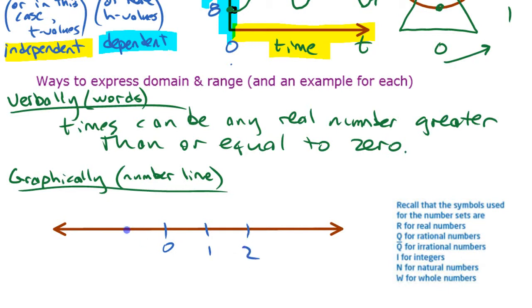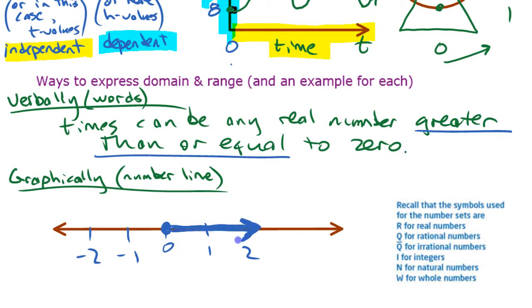You don't have to put too many numbers on there, but we want to show which ones it is, which ones it isn't. I'm assuming you've done number lines before. You should have. If we want to say it's greater than or equal to 0, start at 0 and go this direction here, right? So you put a thick arrow saying it goes this way, and it keeps going, right? We're assuming she never stops. I know that's kind of a silly situation that she just rides forever, but that's what the number line would look like.